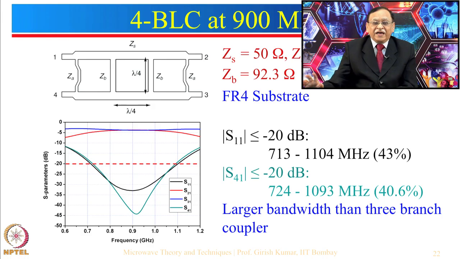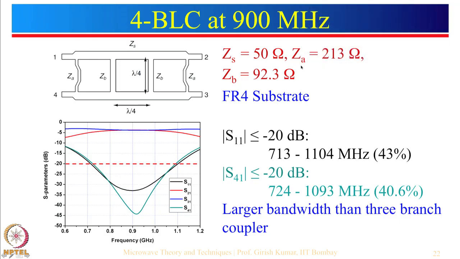Now, as far as design is concerned, it looks very nice. However, when we try to do the implementation, there is a serious problem. And what is that serious problem? The serious problem is this value: ZA is equal to 213 ohm. That is a very high impedance, and this very high impedance will lead to a very thin line.